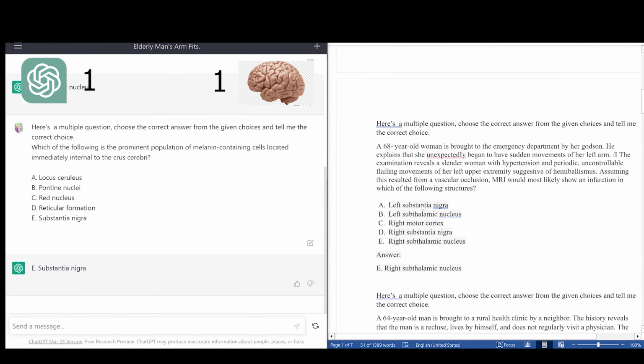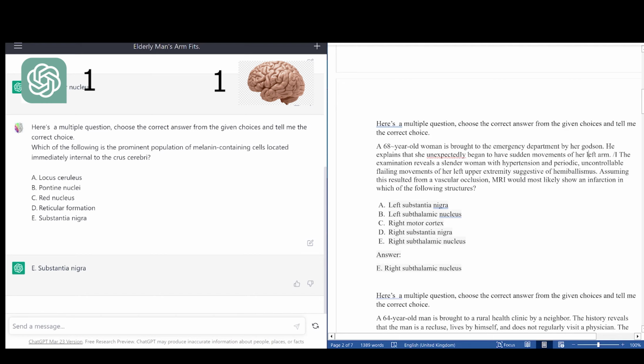Third question. It says a 68-year-old woman is brought to the emergency department by her godson. He explains that she unexpectedly began to have sudden movements of her left arm. Again, left arm. The examination reveals a slender woman with hypertension and periodic uncontrollable flailing movements of her left upper extremity, suggestive of hemiballismus.